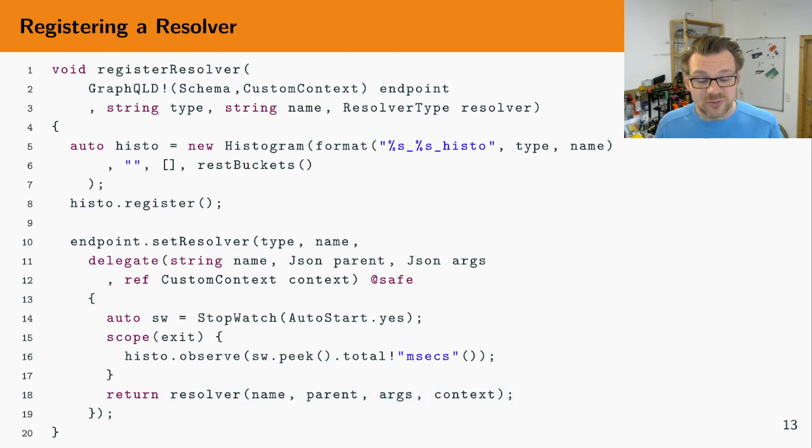And after that resolver is finished, it stops the timer and stores that in the histogram we created earlier. So what this allows us to do is very easily take note of how long our resolvers take. Now, by virtue of this function, we can do this for all the resolvers we ever want to register, and it just works without us having to think again.